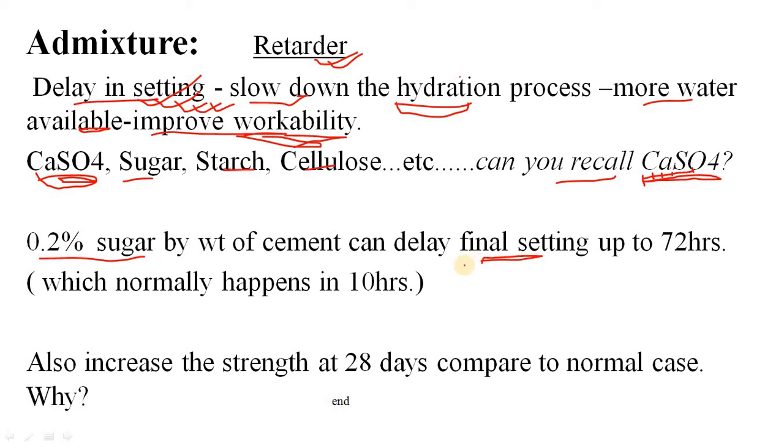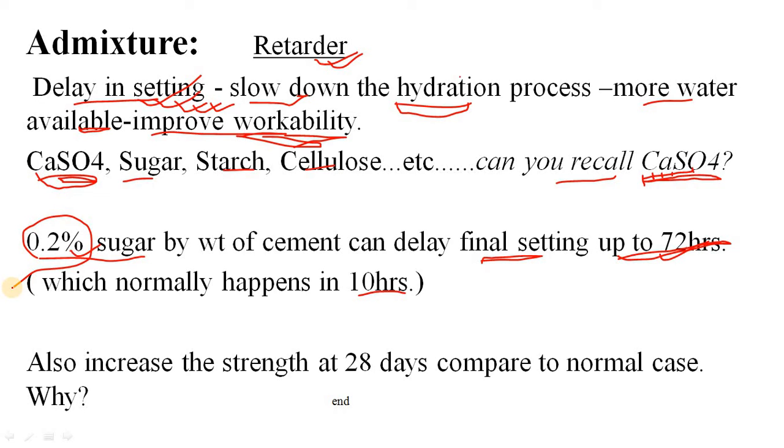You can delay this 10 hours by adding only 200 gram of sugar up to 72 hours. So I think you can imagine the retarding power, or slowing down power, of sugar in cement. So use it cautiously. If you don't need this amount of time, you don't need to use this amount of admixture. You may use a certain smaller amount.